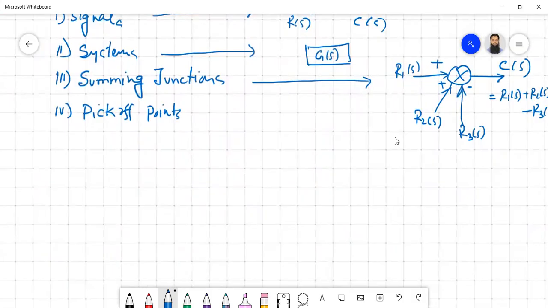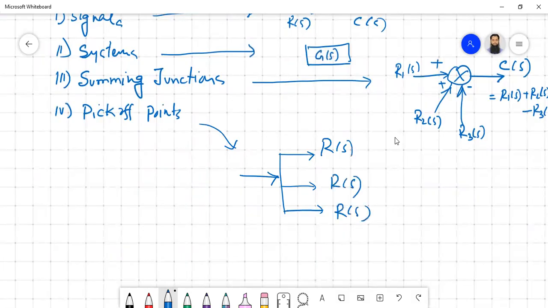If we distribute the input signal into several outputs, then this is what is called a pickoff point. Let me draw one figure, then things will be clear. Say we have an input R(s). Now we want to distribute it in different lines, different points. All three will then be R(s). This is what is called a pickoff point.